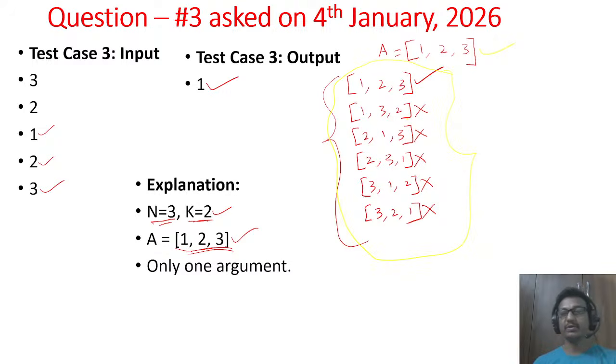Now your P looks like this. P, the permutations, is nothing but a list containing sublists. Each sublist is a permutation of this one. This is how you will get all the permutations.